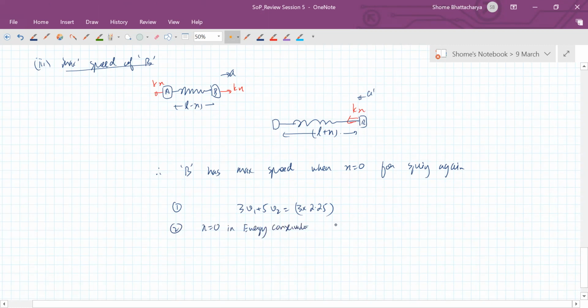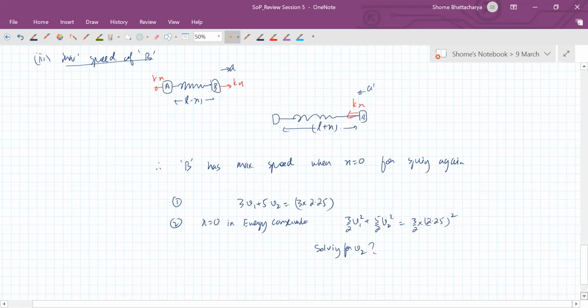So we'll get the relation that this relation. Okay. So now solving this for V2, we will get the required relation.